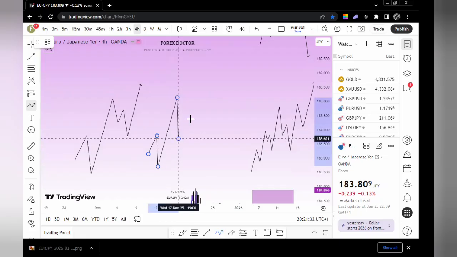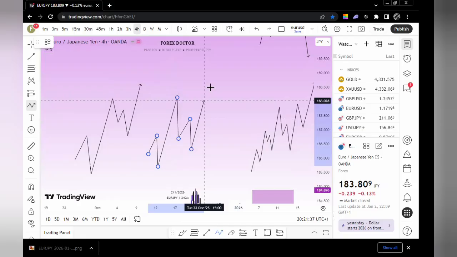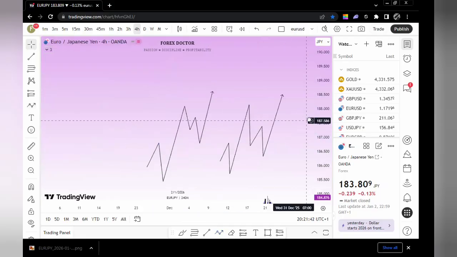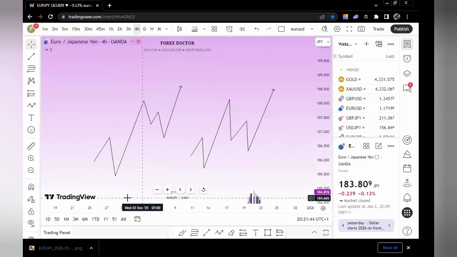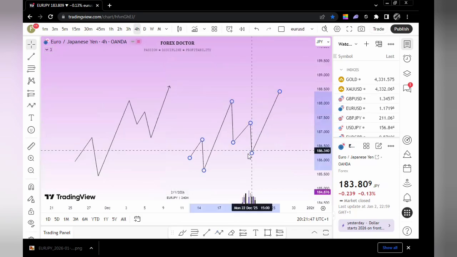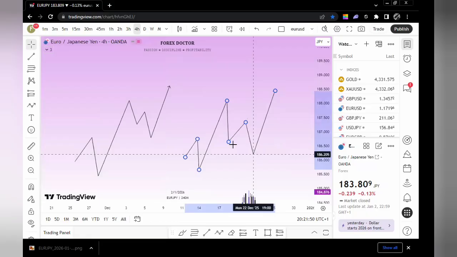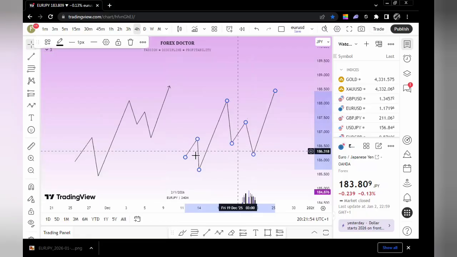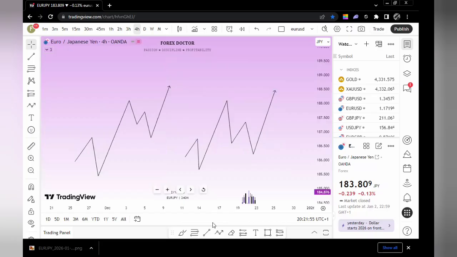So when you see it has been mitigated, look for an inner breaker block around here and just move. That is why I differentiated them. Let me modify this. Guys will just use this one and move.